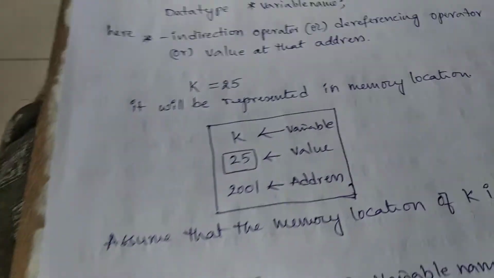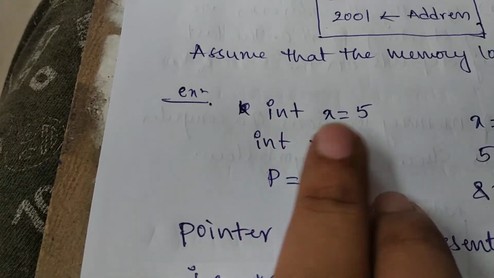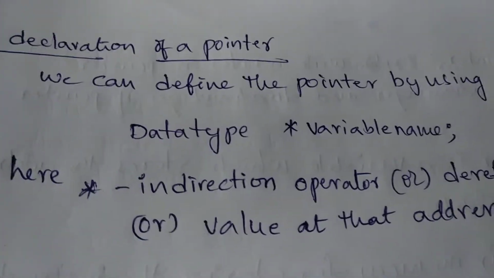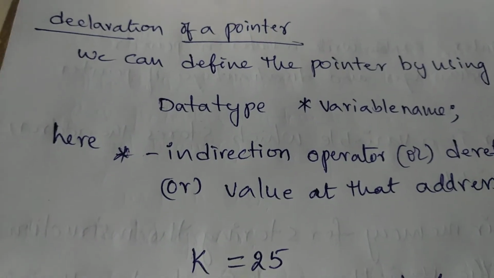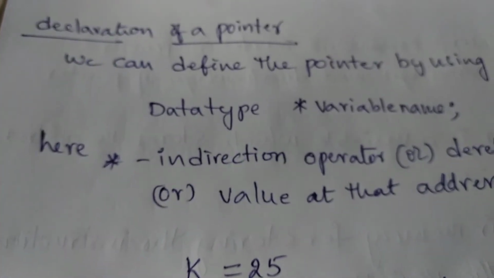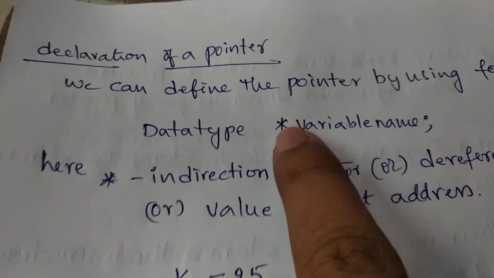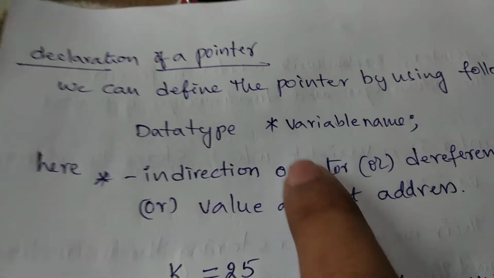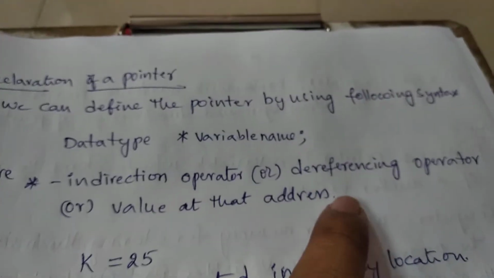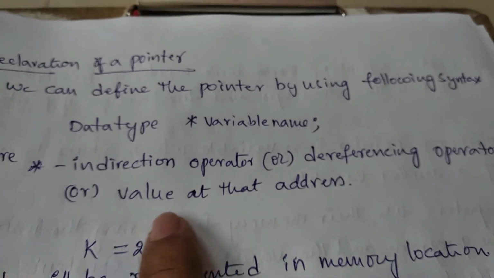Generally we mention int x equals 5. Int is the data type and the variable name is x. But for the pointer we use the star symbol, that is the pointer symbol. Here the star indicates the indirection operation, or dereferencing operation, or the value at that address.